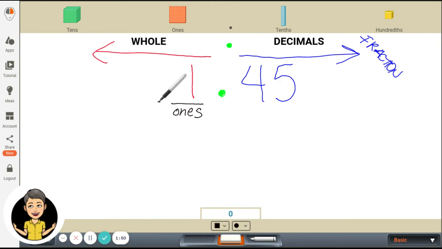If we have another number here, it'll be on the tens place, and then we have the hundreds place value. We have also here the thousands place value. These are the place values of whole numbers.